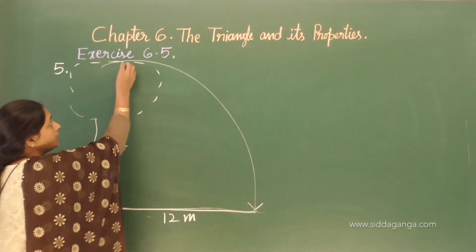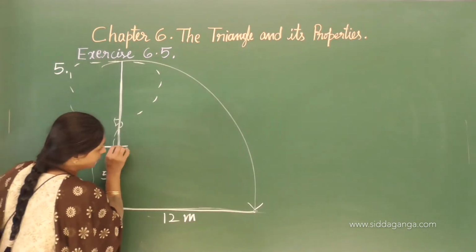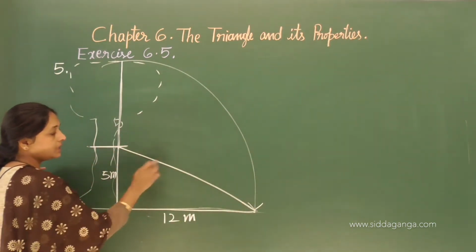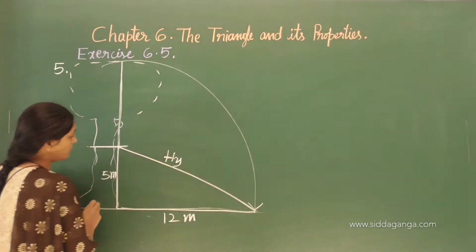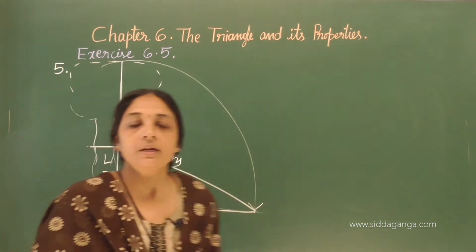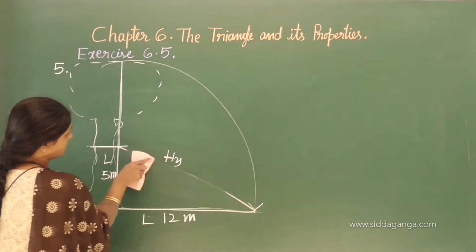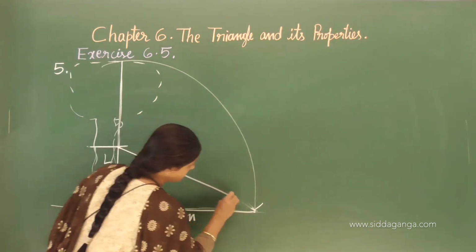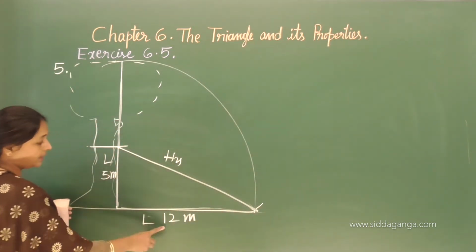So we can consider this part, which has fallen here, as the hypotenuse. This is a leg and that is a leg of the triangle. So hypotenuse, leg and leg.